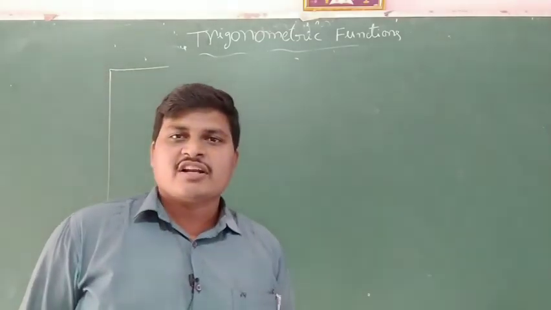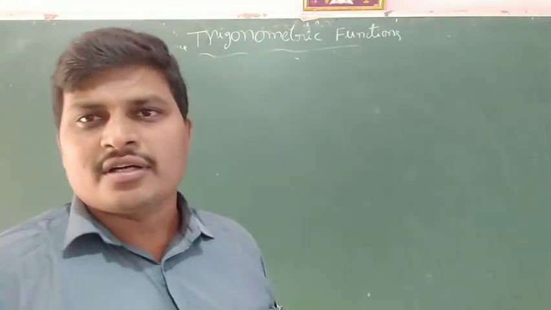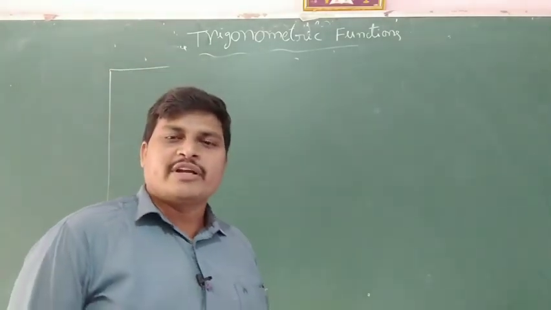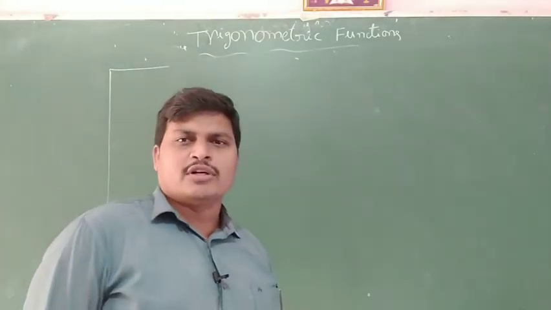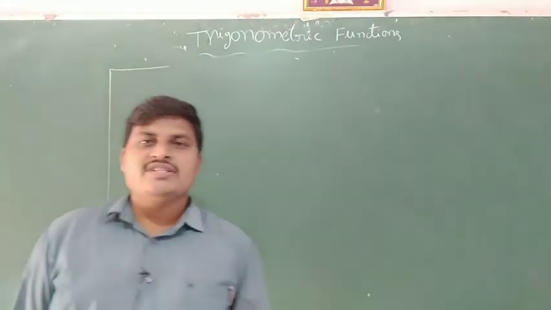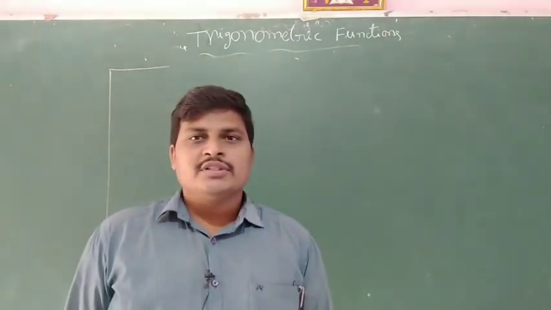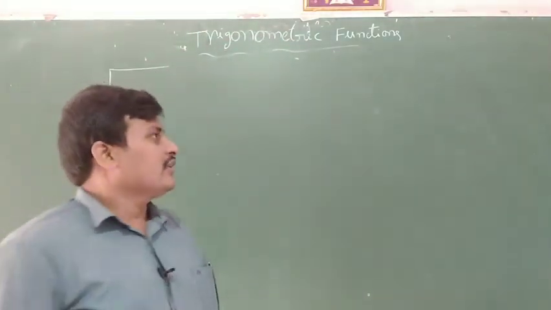What are the trigonometric functions? Sine, cos, tan, cot, sec. These are trigonometric functions. Sine theta is equal to opposite side by hypotenuse. Cos theta is equal to adjacent side by hypotenuse. This type. Okay, thank you.